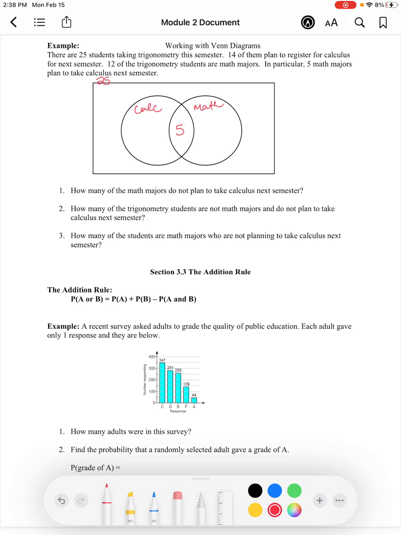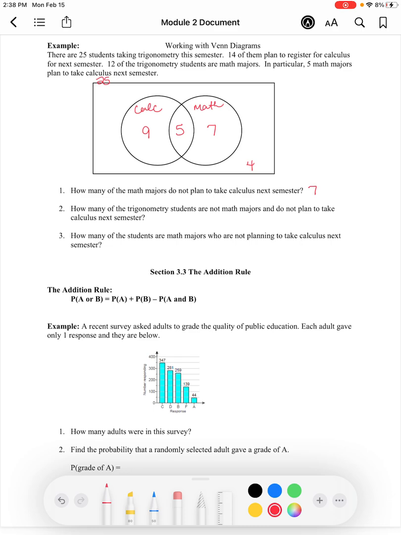So then I have to do 14 minus 5 and get 9 that just take calculus, but are not math majors. 12 minus 5 is 7. So there are 7 that are math majors that aren't going to take calculus. That gives me 21. So there are 4 students that are not math majors and not taking calculus. So how many of the math majors do not plan to take calculus next semester?